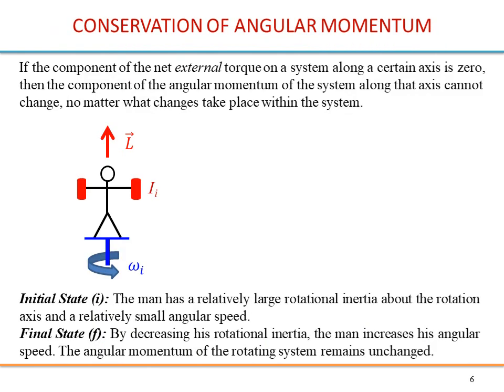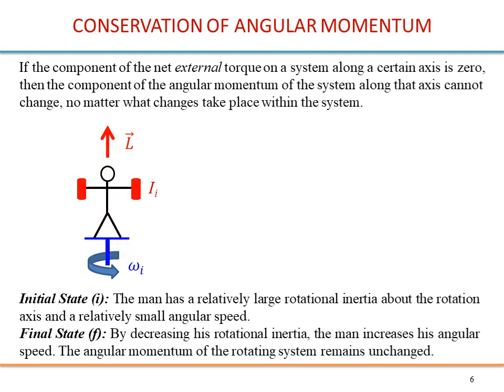Okay, so let's see some examples of conservation of angular momentum. We have already seen that if the external torque on a system is 0, then dL/dt is 0 and L is constant as a vector. So let's look at this. We have someone who holds some heavy load in his hands, and he puts this load very far away from his body and from the axis of rotation.